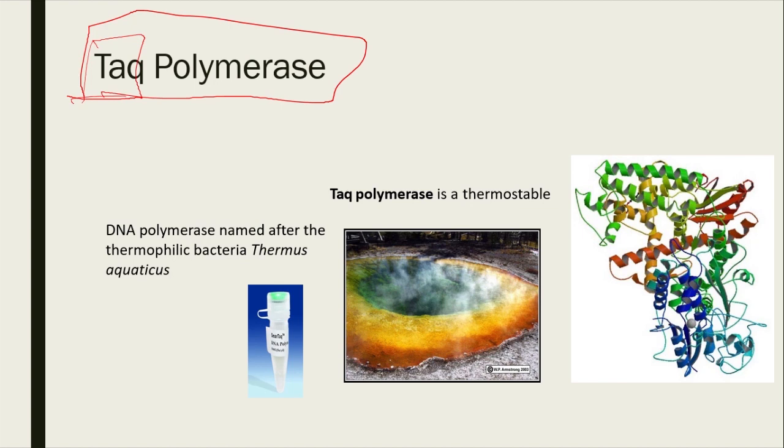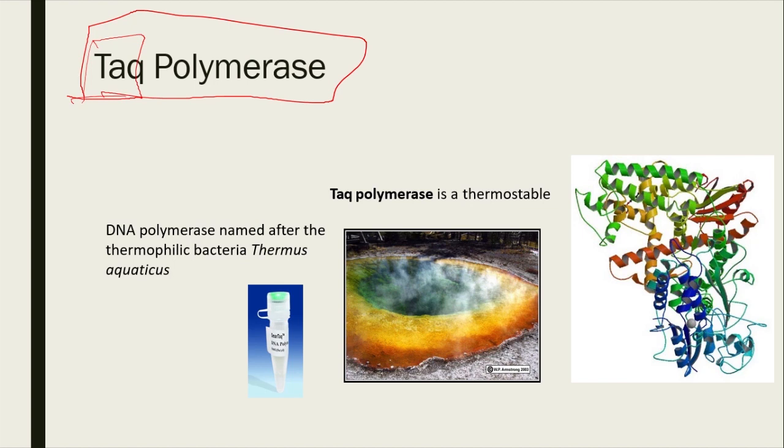Looking back at the reactions, the mixture heats up to 95 and cools down and heats up. Normally any proteins will get destroyed with these types of temperature changes. Think about the egg. You put your boiled egg in 95, it boils, it comes back down, it's not going to go back into liquid form, right? It's a one-way step. But on the other hand, Taq polymerase is not going to be destroyed by high temperature.